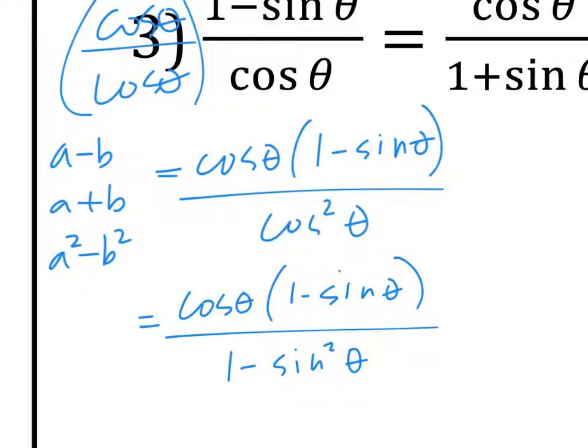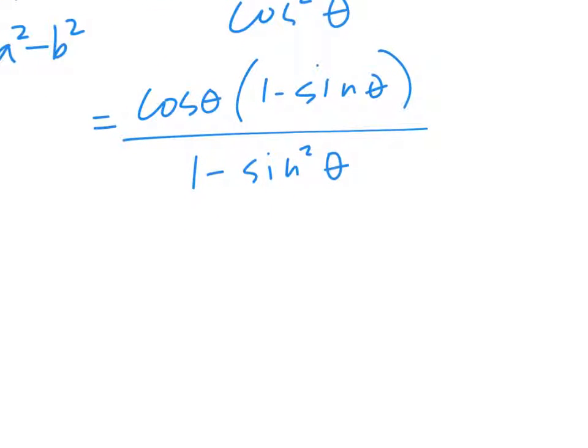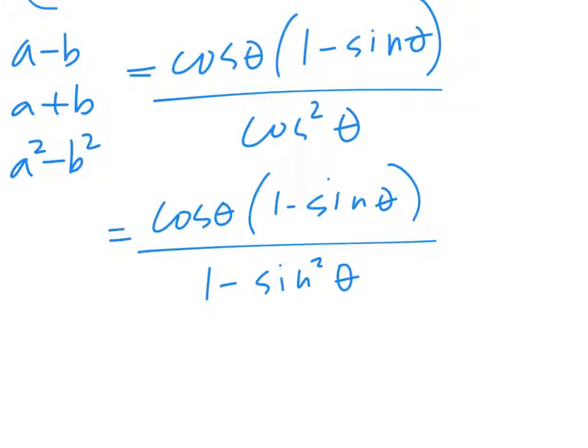Any questions up to this point? It's a tricky one. You cannot just cross it out. You have to cross it out by factoring first. Because this one's a square, this one doesn't have a square, you can't just cross it out. Oh, why did you put 1 minus sine on the bottom again?